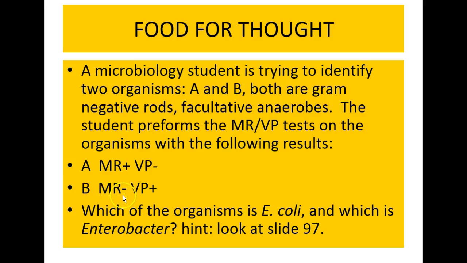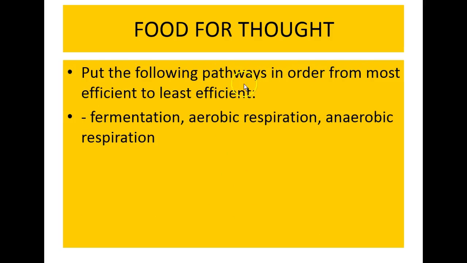MR test is negative on organism B and VP test is positive. Which of the organisms is E. coli and which is Enterobacter? Put the following pathways in order from most efficient to least efficient: fermentation, aerobic respiration, anaerobic respiration.